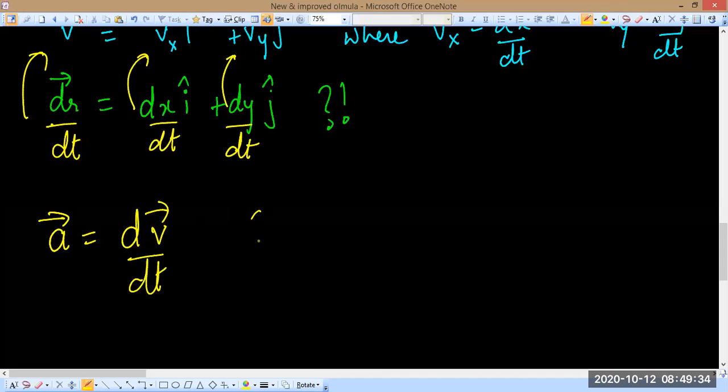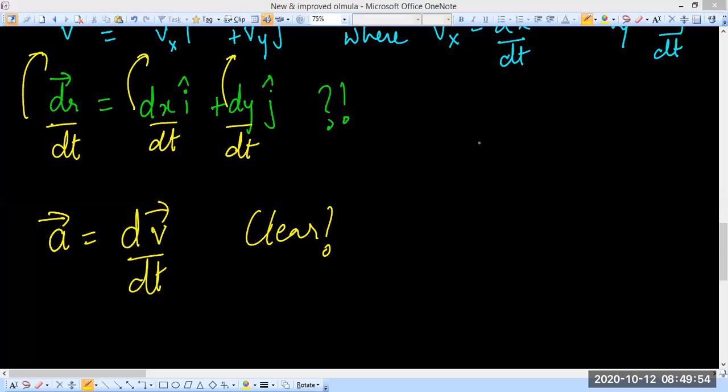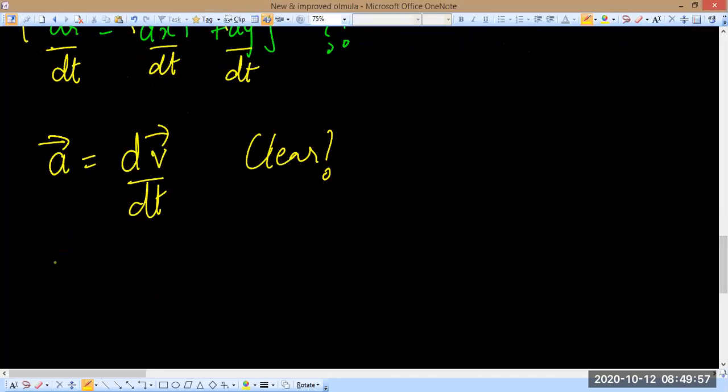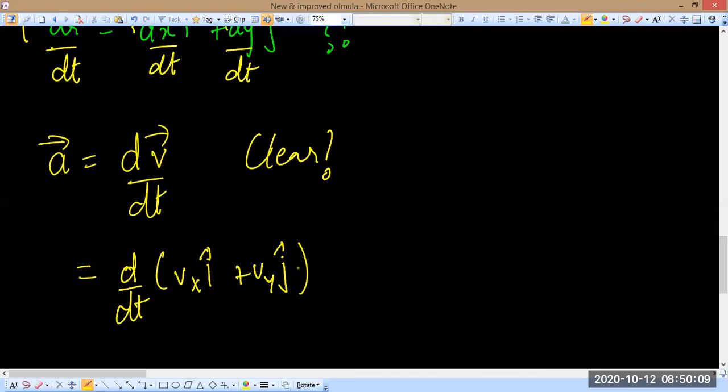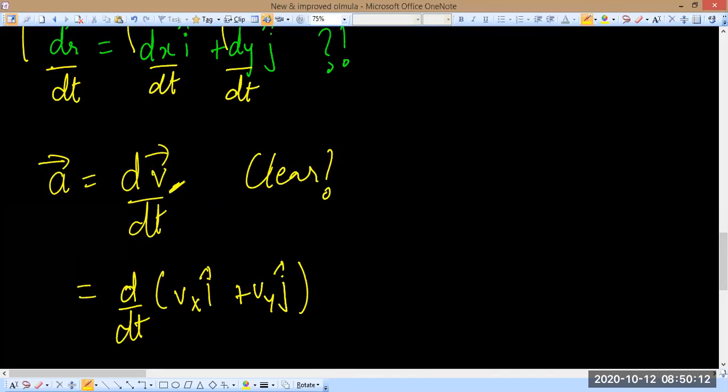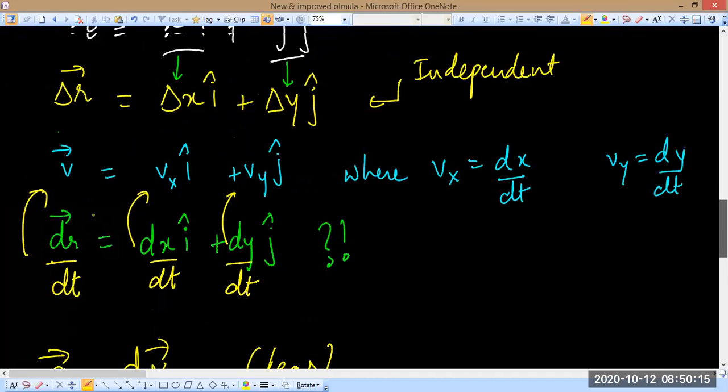Is this equation clear? Okay, then I hope all of you can understand that we could write it as d by dt of vx i caret plus vy j caret, because we are putting v vector's value from here.